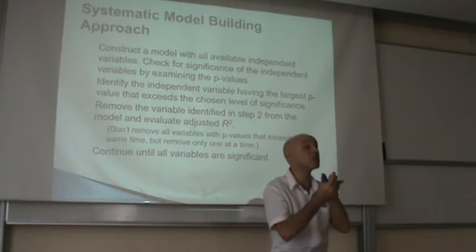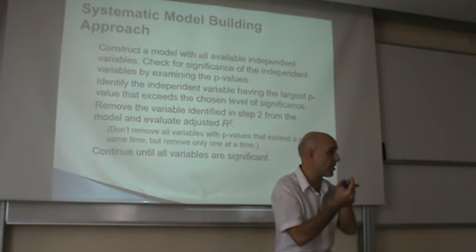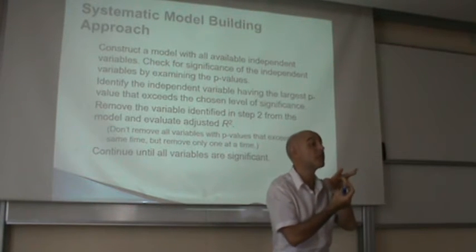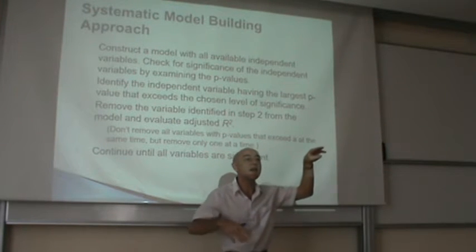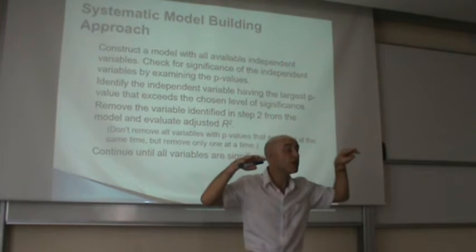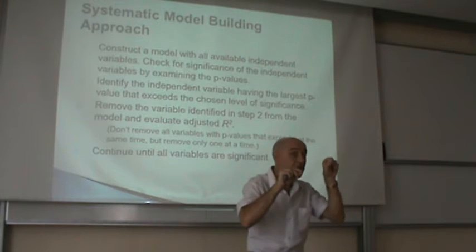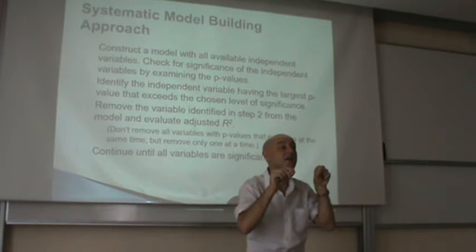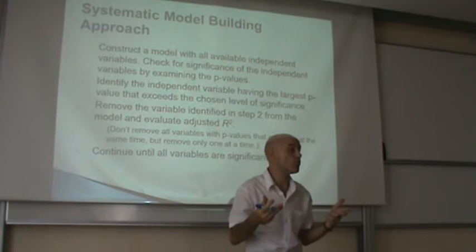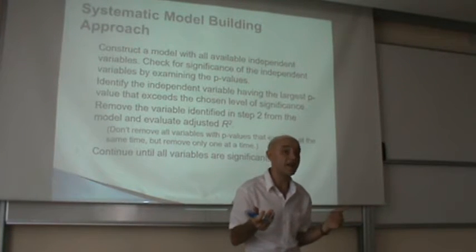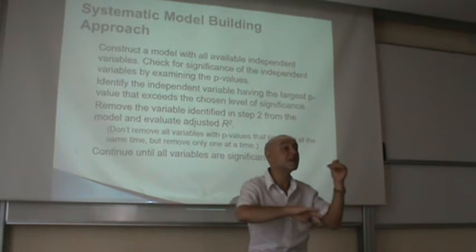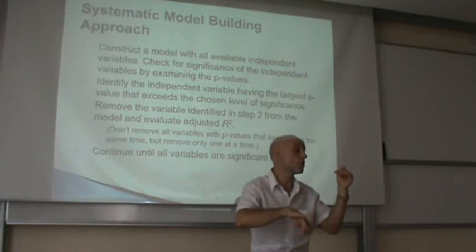Maybe there's another insignificant variable, and you drop it again. When you run it with 4, and when you run it with 3, you will see if the adjusted R squared improves or it doesn't improve. You will look for that. If it improves, obviously that variable should go.